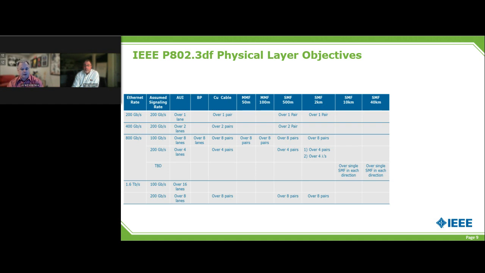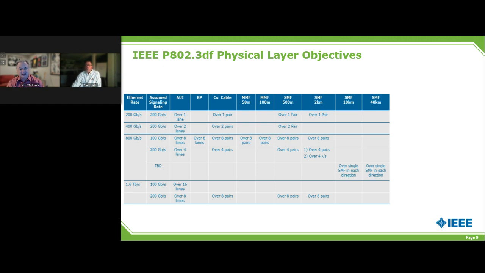And we decided on 800 because we recognized during the study group that it was late and we needed to work quickly for 800. And given that a normal higher speed project usually takes about 5 years, based on input that we got from customers and end users, it was clear that 1.6 was not far behind. So we knew we had to do 800 and 1.6.